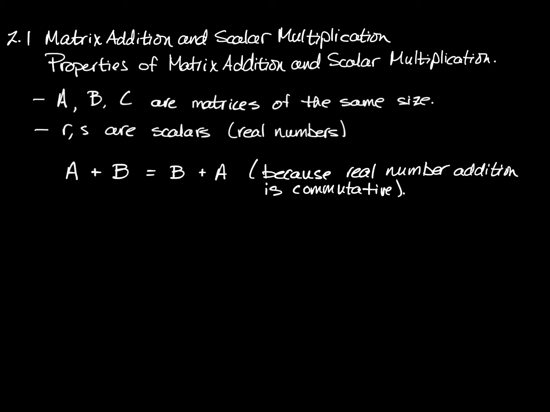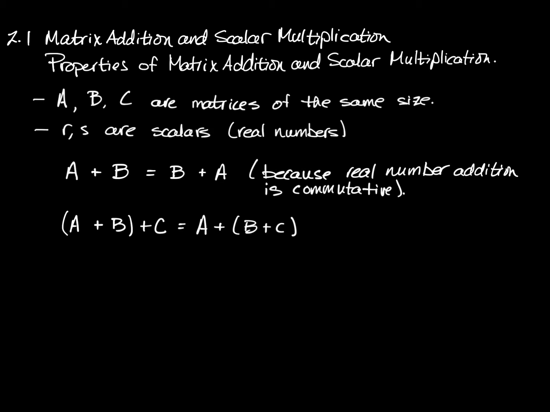Another is that if you take the matrix A and you add to it the matrix B, you do that first, and then you add to that the matrix C, you'll get the same result if you add first B and C together and then add A to that. And the reason for that is that when you add together the matrices B and C, you get a new matrix.